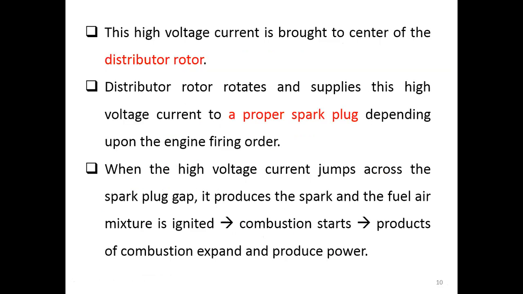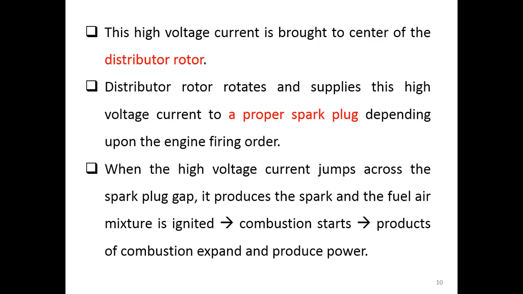28,000 to 30,000 volts. And this high voltage current is brought to the center of the distributor rotor, and the distributor rotor will rotate and supply this high voltage current to the spark plug, depending upon the engine firing order.